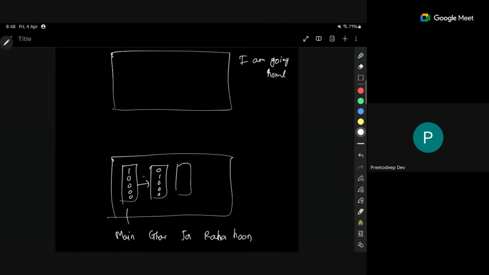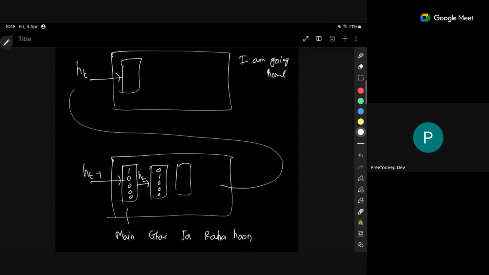Now the output which is being produced here, I'll call it ht, right? And the same thing I'll do here. I'll give some kind of ht minus here, and what is coming here I'll call ht. So whatever the input is, it's going there. That's what ht is, the encoder decoder model.